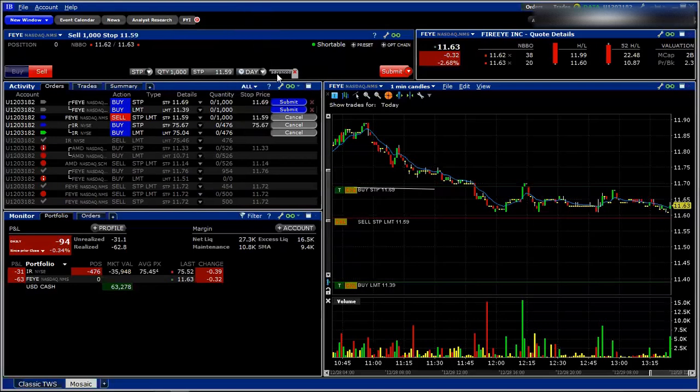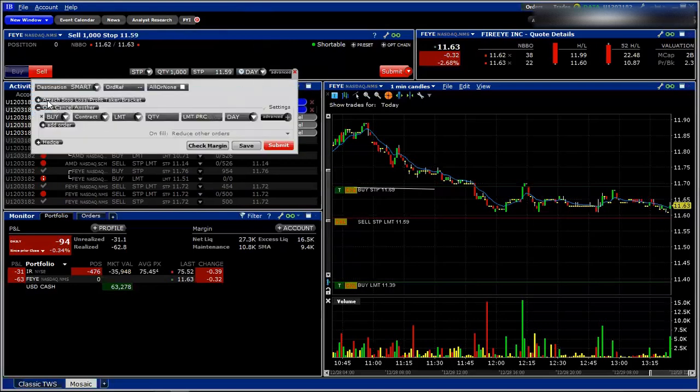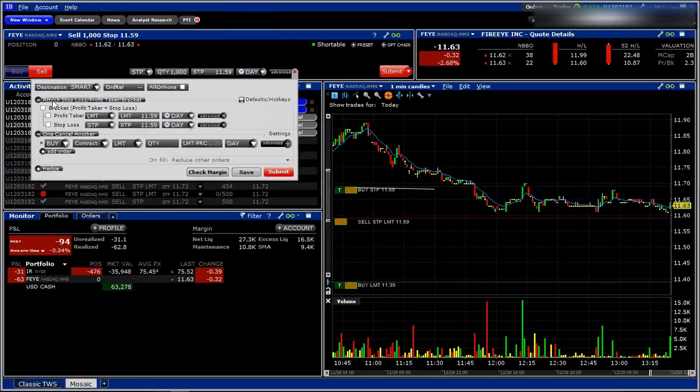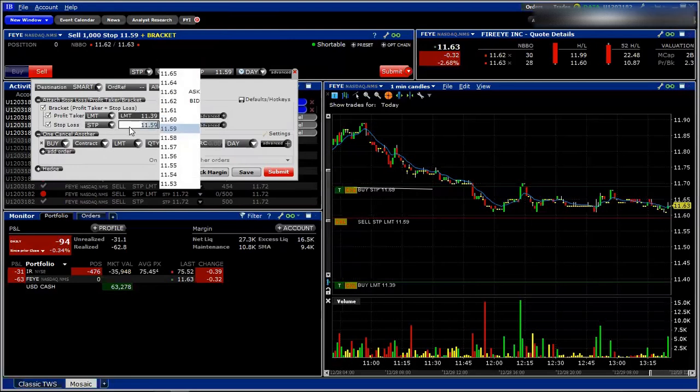I could click on the advanced tab, and instead of clicking one cancels another, I'm going to click this one that says attach stop loss profit taker bracket. Basically what this allows me to do is I'm going to click that box. The profit taker is a limit order at 11:39, and the stop loss is 11:69.